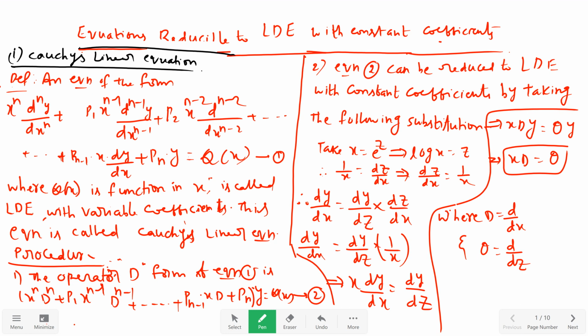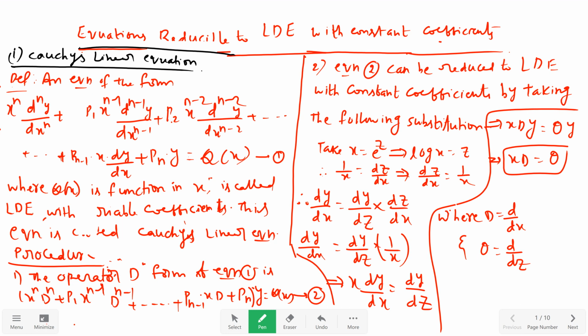An equation of the form x^n times the nth derivative of y with respect to x, plus p1 times x^(n-1) times the (n-1)th derivative of y, plus p2 times x^(n-2) times the (n-2)th derivative of y, and so on, plus p(n-1) times x times the first order derivative of y with respect to x, plus pn times y is equal to q(x).